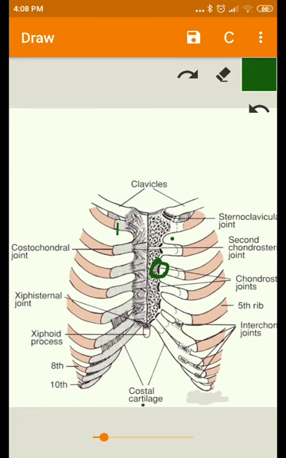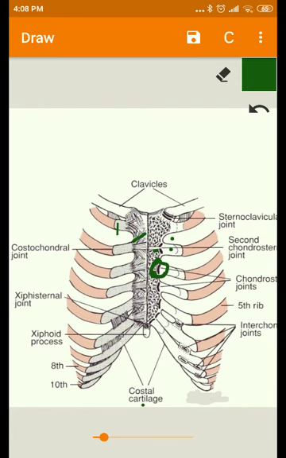The remaining joints from third to seventh have a single joint cavity, whereas the second costal cartilage has two joint cavities, and these joints are also held together by the capsular ligament and the triradiate ligament.